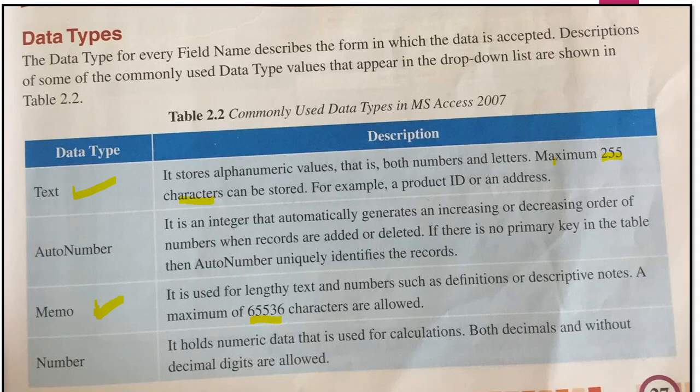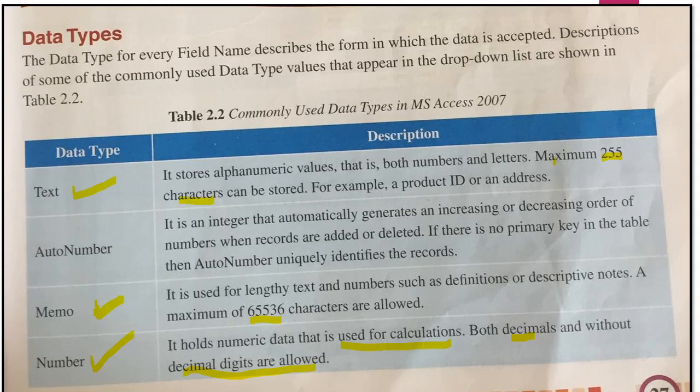Next is number. It holds numeric data that is used for calculation. So if your data is something you need to calculate, you need to choose the number data type. Both decimals and without decimal digits are allowed.